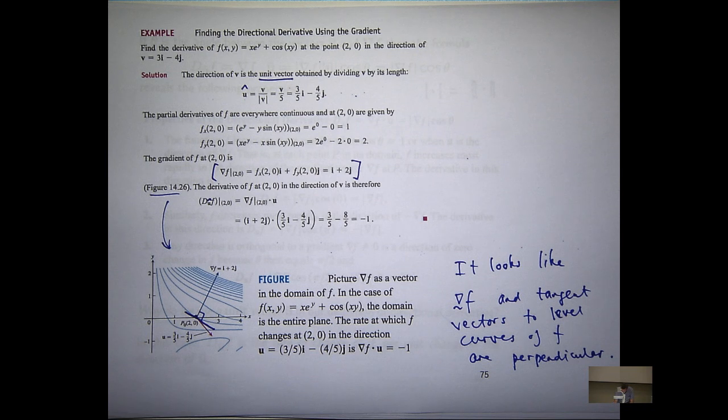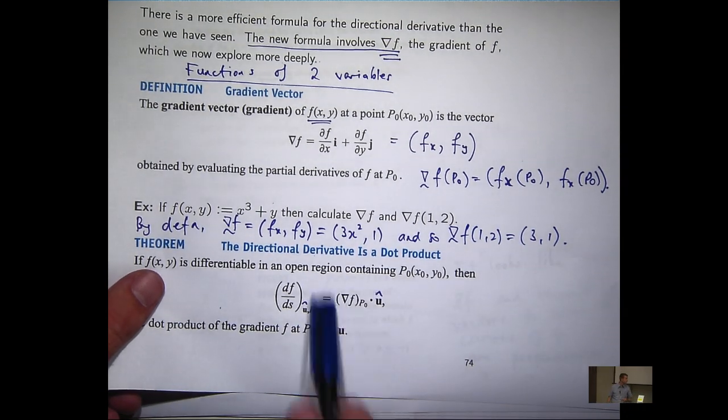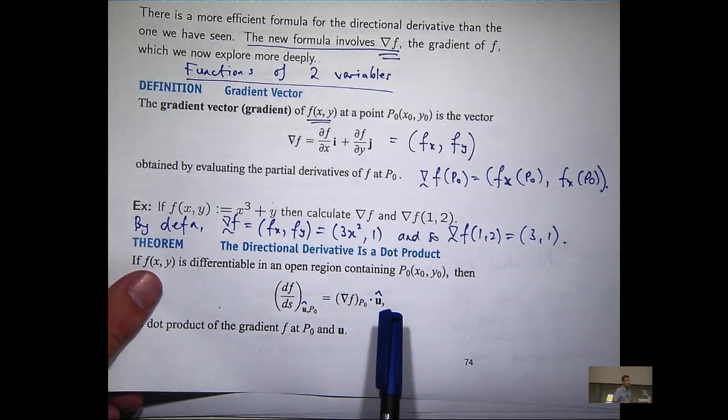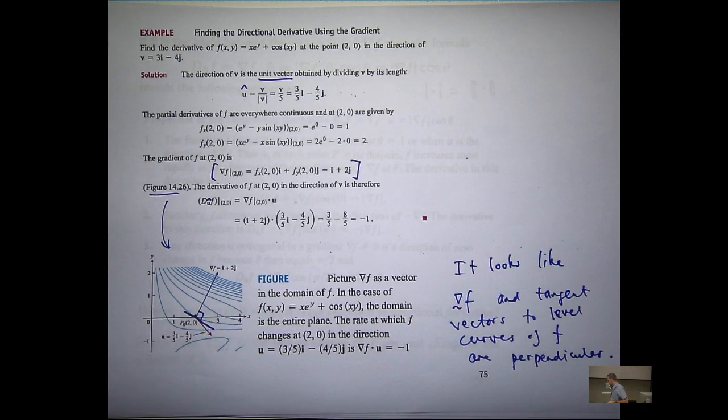Now, what else does this most excellent computational formula allow us to do? Well, the dot product can be expressed in terms of the angle between the two vectors, right? So we can use that to our advantage. Let me show you how.